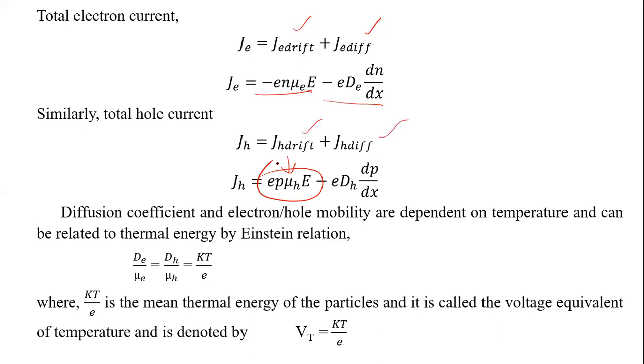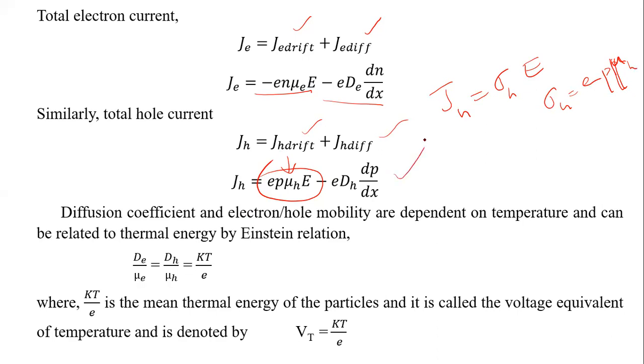And you know that for holes, the current density is conductivity times electric field. So the conductivity of holes has a positive charge, the concentration of holes, and the mobility of holes, mu h, how easily the holes can move. So you can put all these values and you will get the total hole current like this.